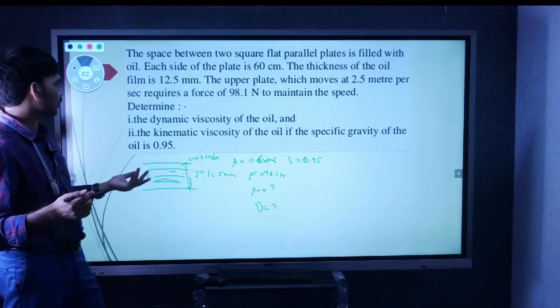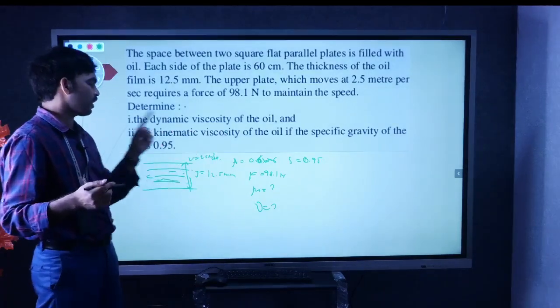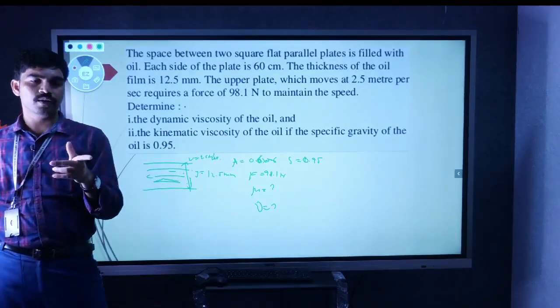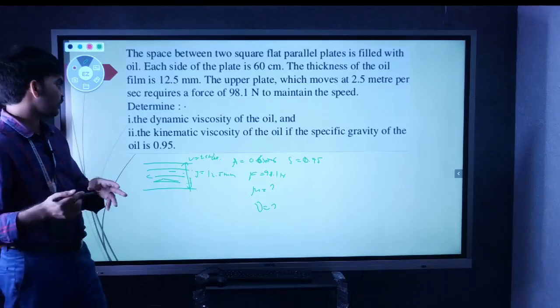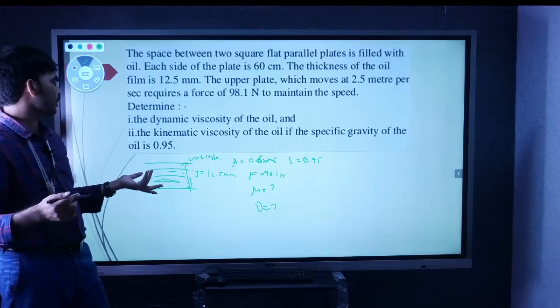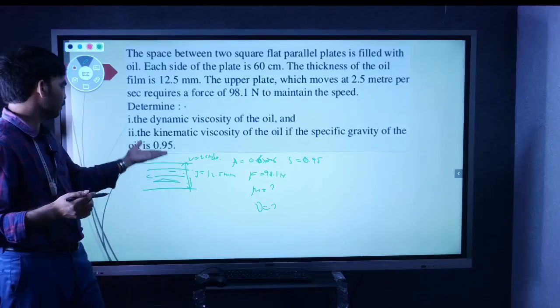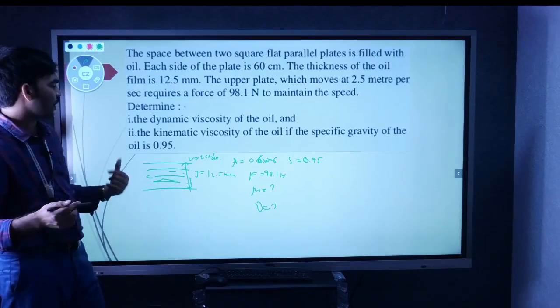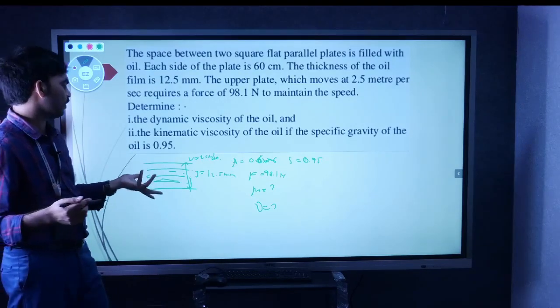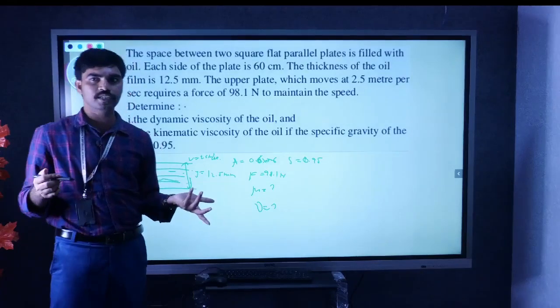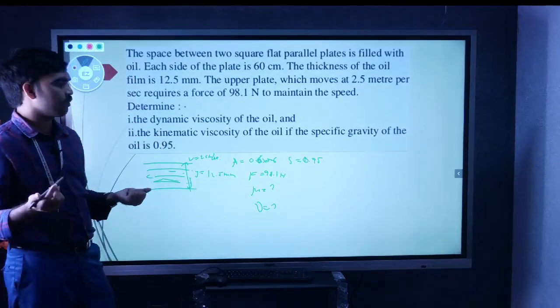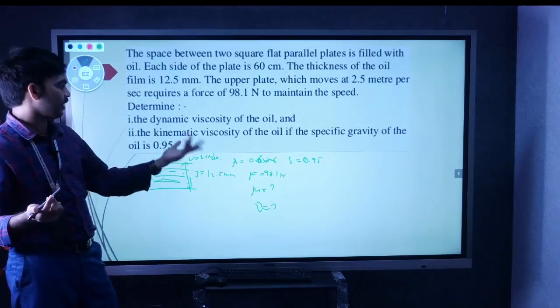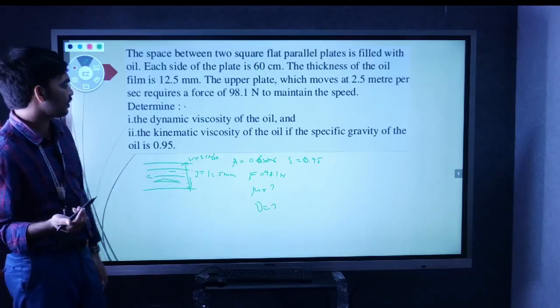Once you know that, the specific gravity is given, so from that you can calculate the density of the oil used for lubrication in this problem. Then you can calculate the kinematic viscosity by dividing the dynamic viscosity calculated earlier by the density of the fluid.